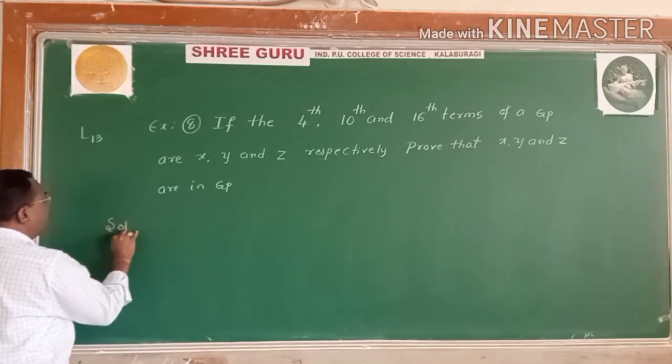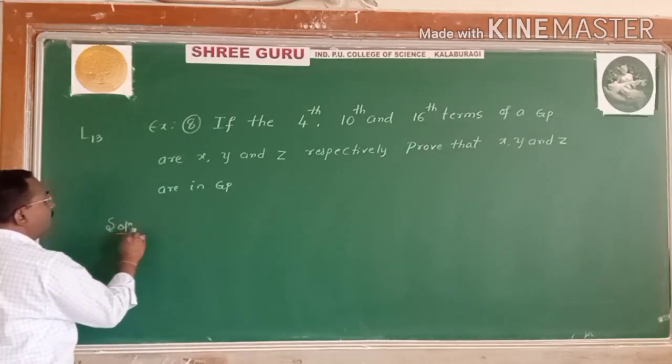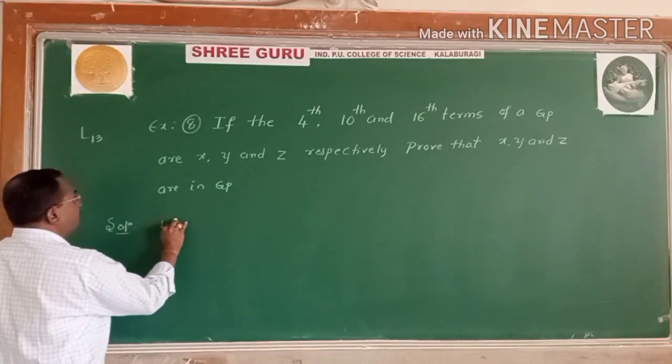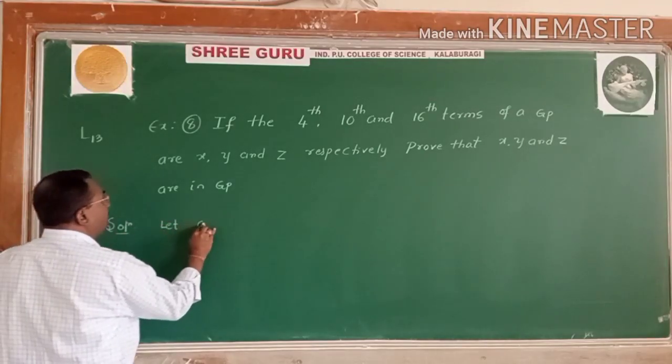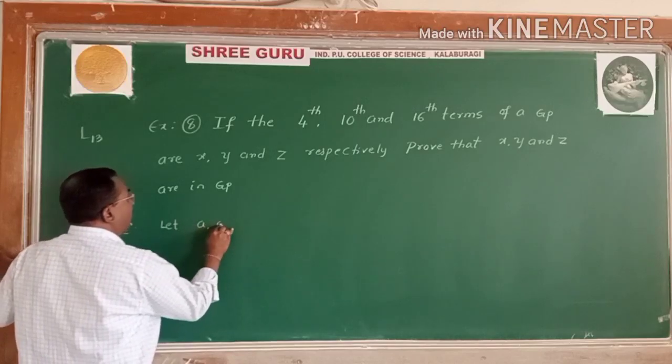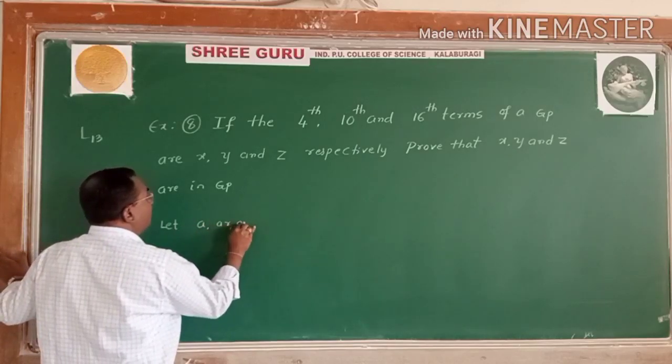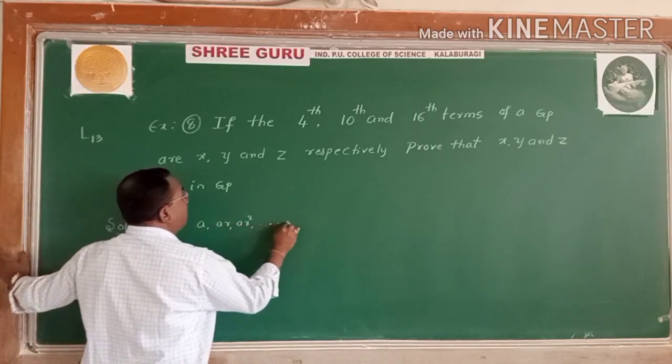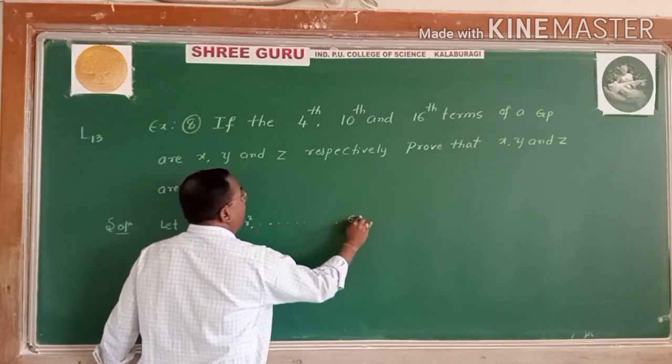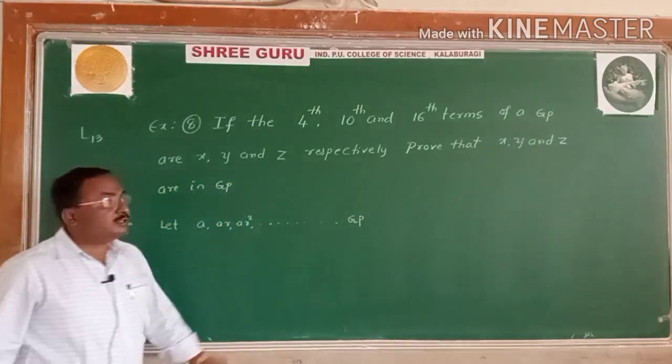Solution. Let a, ar, ar squared and so on be in the form of a GP.